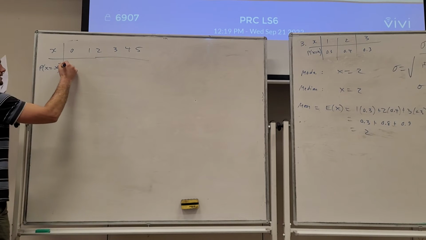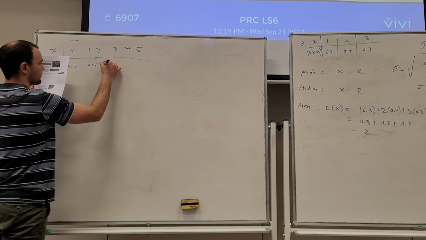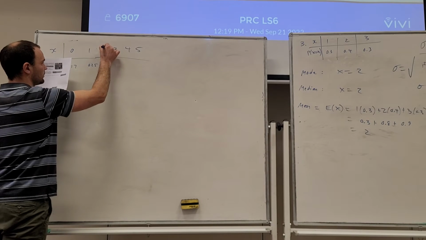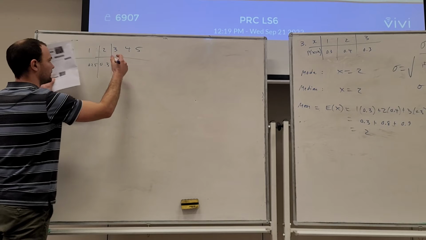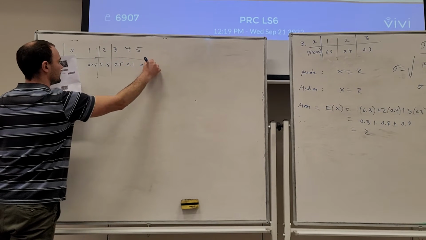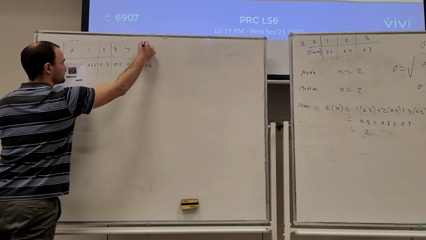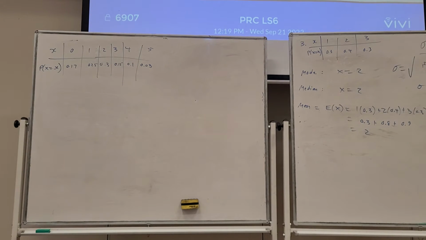And here are the probabilities of them occurring. 0.15.